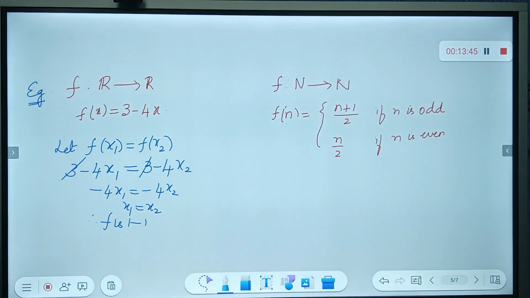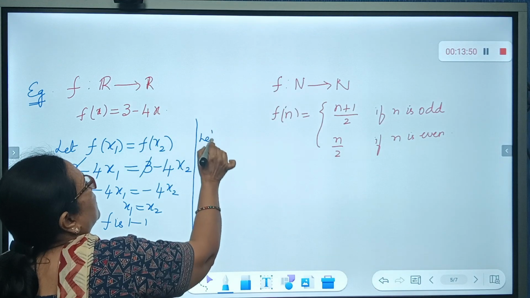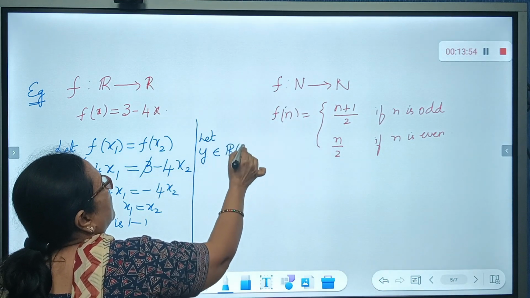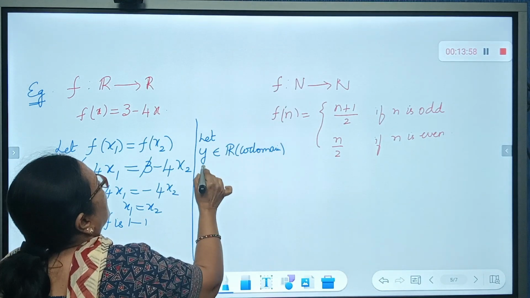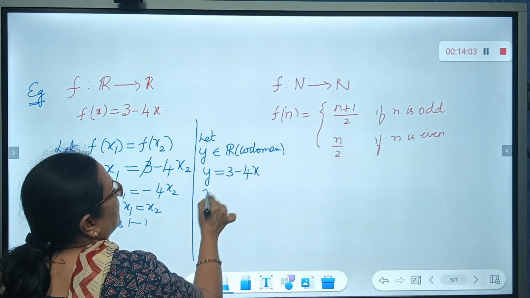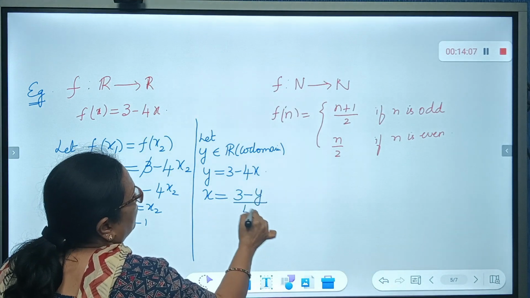Is it onto? Let y belong to R, the codomain. Now y is equal to 3 minus 4x. x will be 3 minus y by 4.